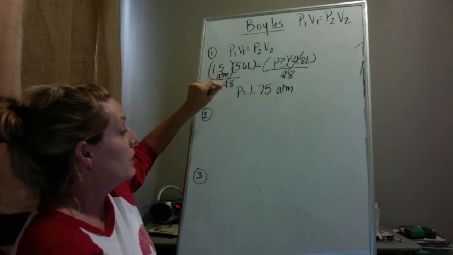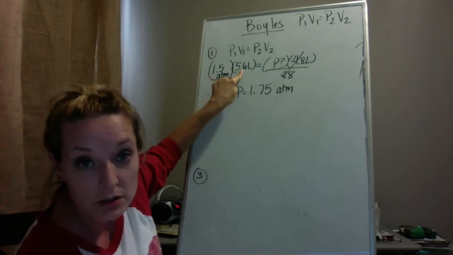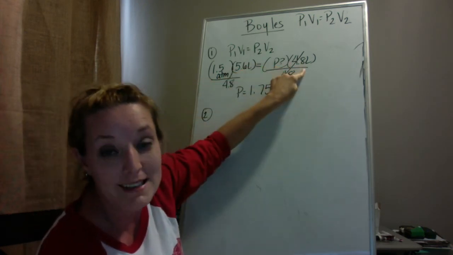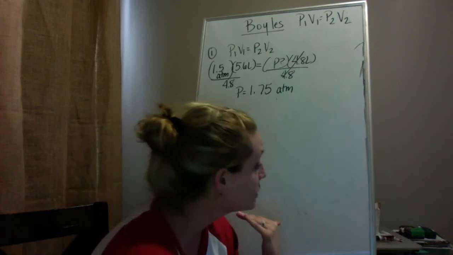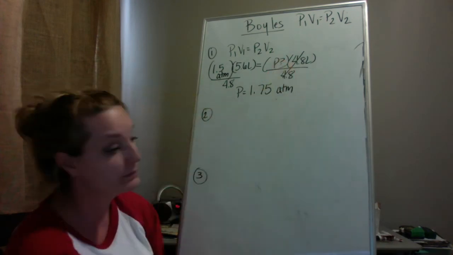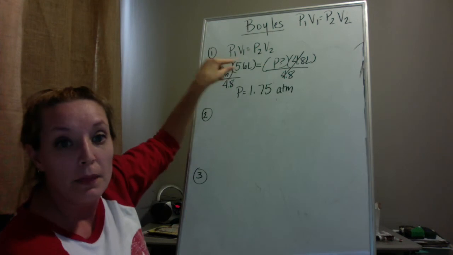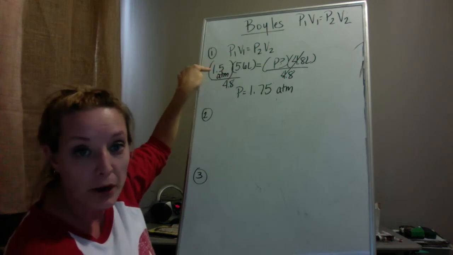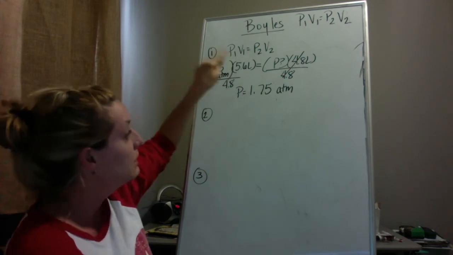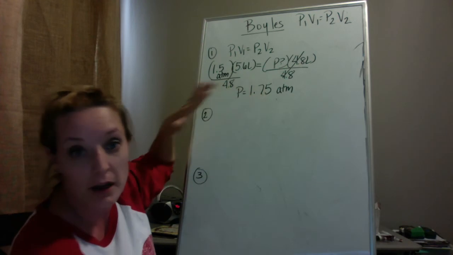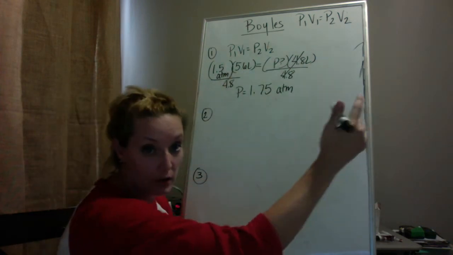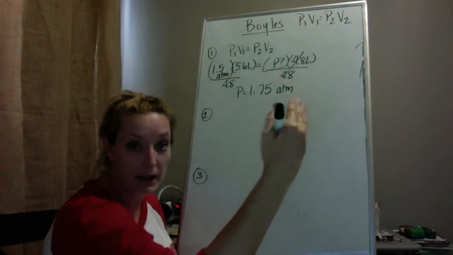You started out with 5.6 liters. You compressed it, and your volume went down to 4.8. What happened to your pressure? Your pressure went from 1.5 up to 1.75. So that holds true. Your volume went down, which means your pressure should have gone up, and it did.